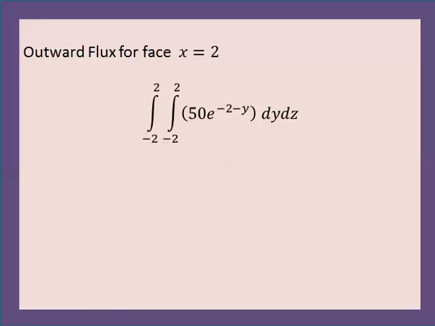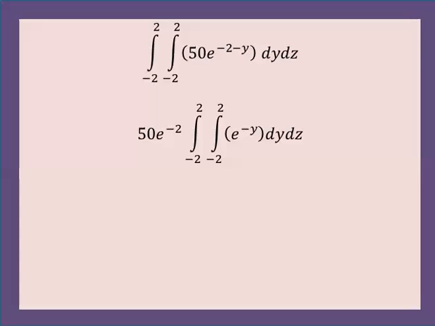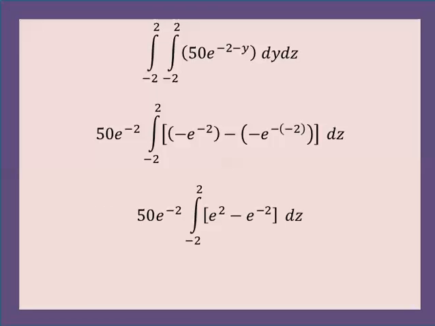Looking at the face x equals 2, first I pull out 50e to the -2, because that's just a number, and then I integrate with respect to y, evaluating with y going from -2 to 2. What I get is just a number, e to the 2 minus e to the -2. And then when I integrate with respect to z, where z runs from -2 to 2, that integral is just going to be 4.